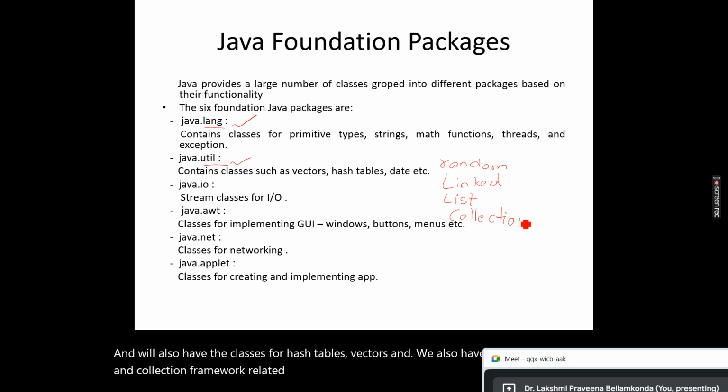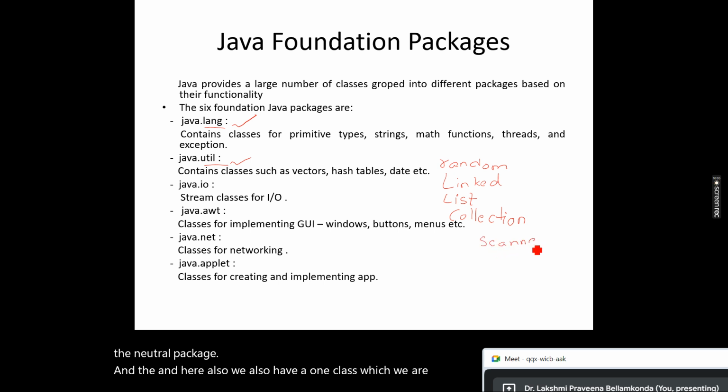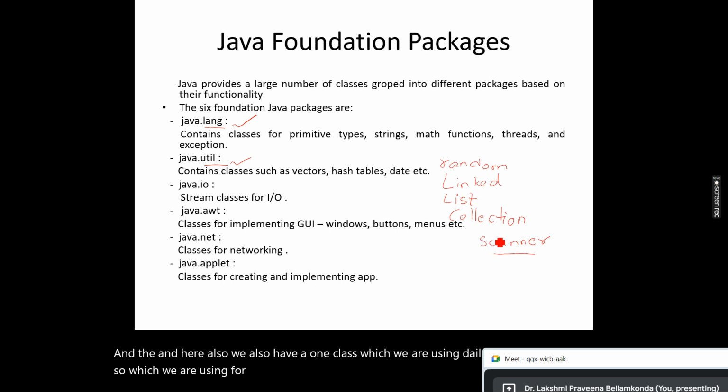And here we also have one class which we are using daily, the Scanner class, which we use for input. Whenever you want to take an input from the keyboard, then we can use the Scanner class.